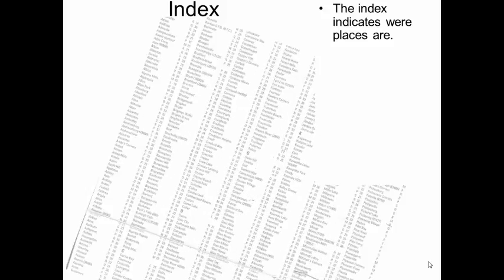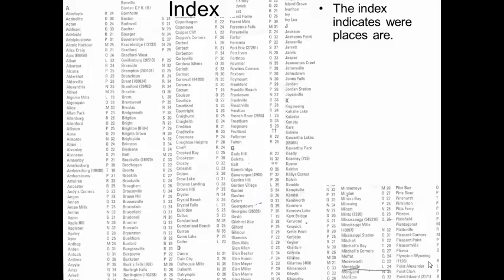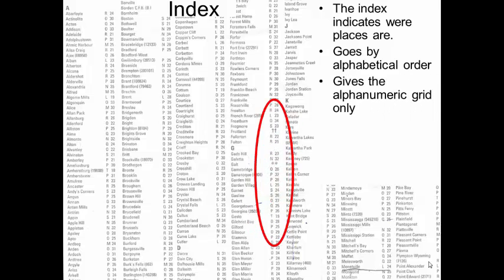Now, let's move on to the index. The index uses the alphanumeric grid and it tells us where places are. So here's a typical index of the Southern Ontario. First thing to notice is that the places go in alphabetical order, and it gives only the alphanumeric grid.